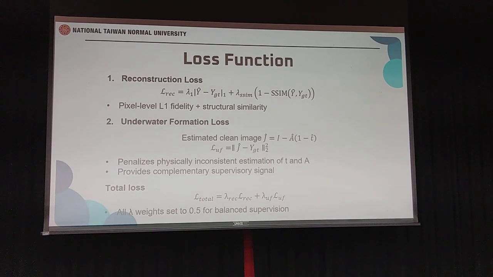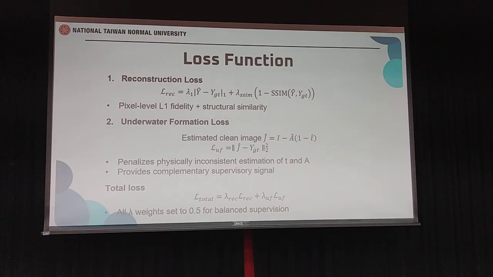Our training objective contains two losses. The first is the reconstruction loss, which combines L1 loss and SSIM loss. It helps the output image stay close to the ground truth in both pixel values and structure. The second is the underwater formation loss.